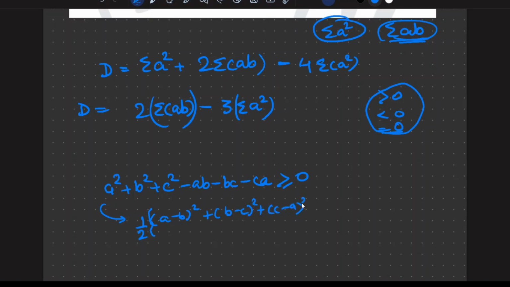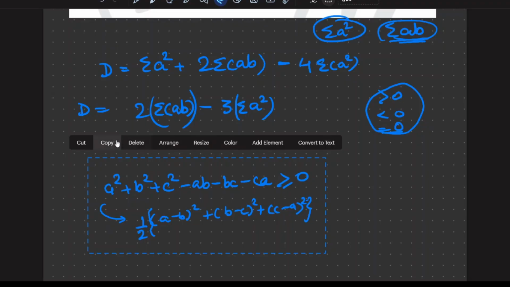So I can say that it is greater than or equal to 0. You would have read this in the beginning of 11th itself. If not, learn it now. Learn this inequality now, and that it converts to this, okay. So let me delete this part now, so that we can have space to write the answer.